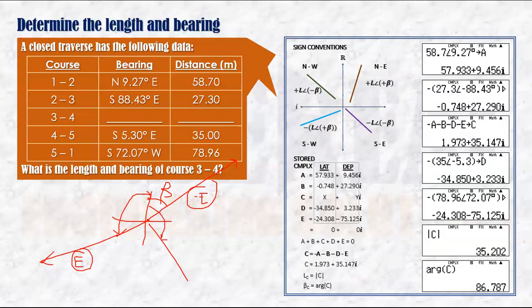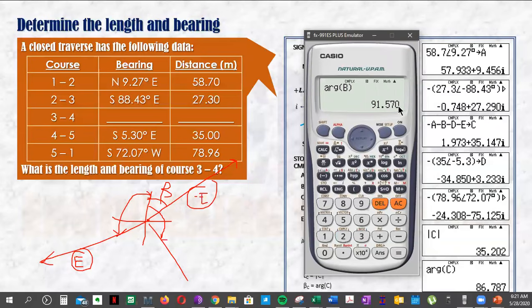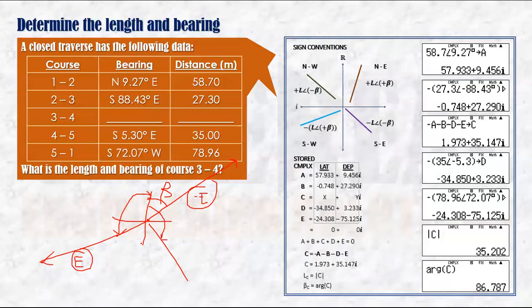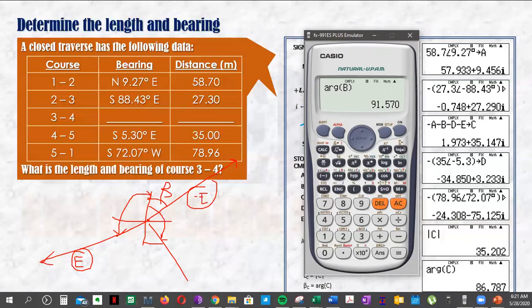That's why this is 91.57. It exceeds 90 degrees. So if you want to get the exact bearing, subtract this from 180, because it's south already, so it must be based from the south. Or another way to evaluate that is to negate this. That means you reflect it at the other side, but expect that the result will be negative because it's in the west already. So, negative 88.43. Don't mind the negative. That 88.43 is its bearing, and the direction is south.